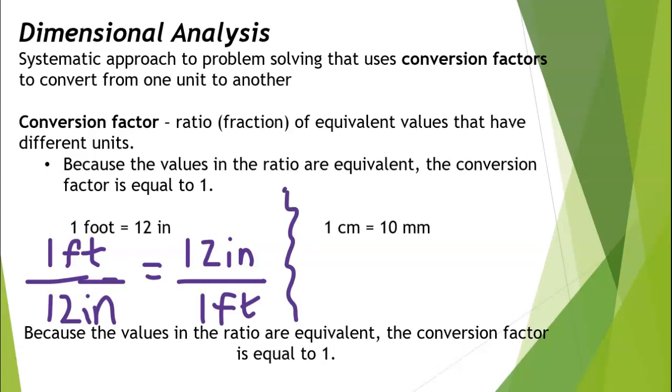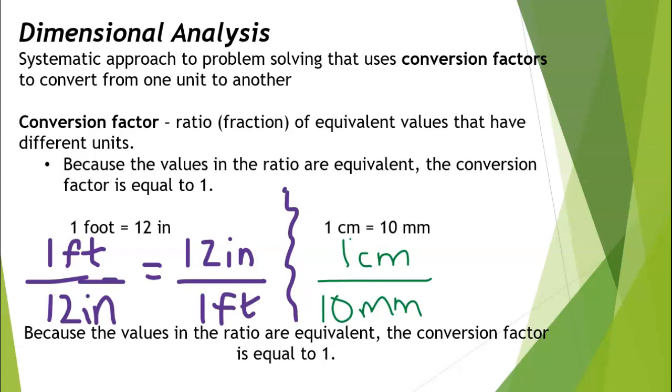Let's go ahead and do another one. I'm going to put a little line here so we separate these. We'll do it in a different color. Now we know that 1 centimeter is equal to 10 millimeters, so we can use these two values that have different units and write a conversion factor. So 1 centimeter over 10 millimeters. And since these two things are equivalent, this conversion factor is also equal to 1.